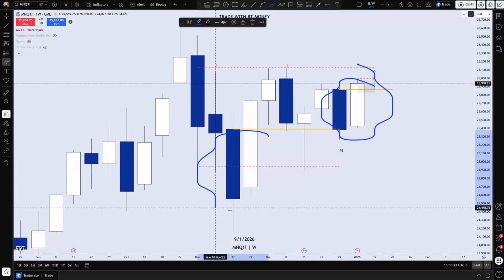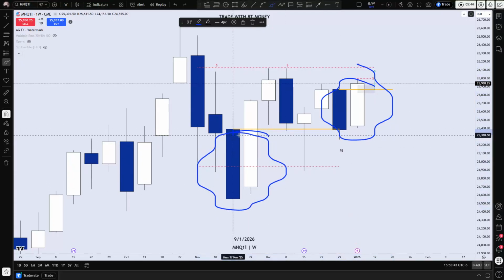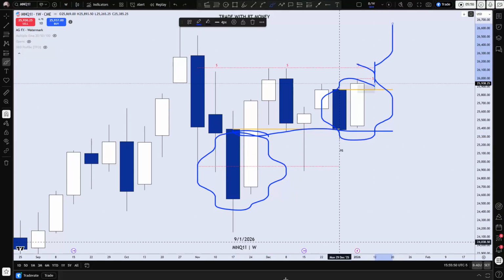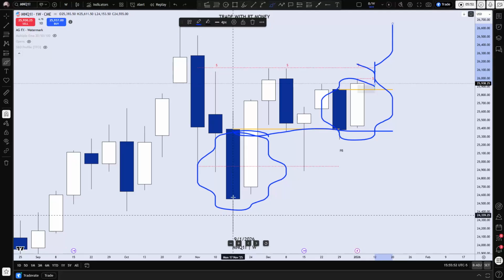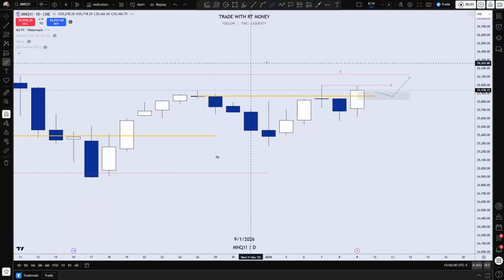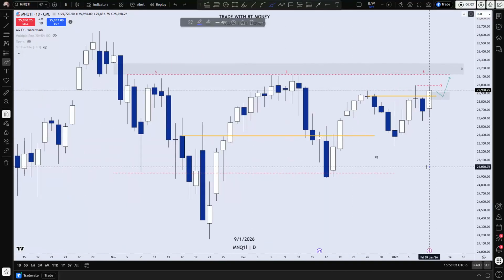Why? Because it's an order block created from another order block. It's called a propulsion block, and we can expect higher prices to come from that. That's why I wanted to show you those higher time frames, because these things dictate what happens on the lower time frames. If we go down to the daily, what do we see?